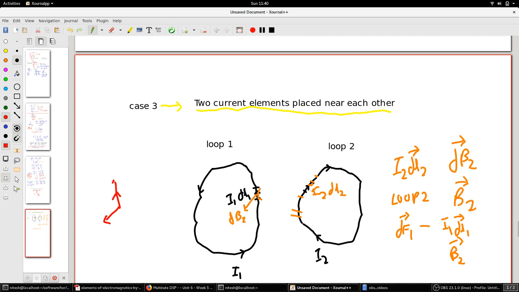This is the magnetic force, the tangential component. You can just say that this is the direction of dB2.